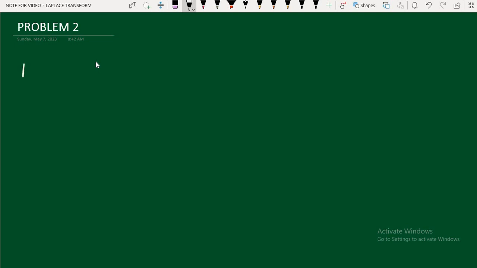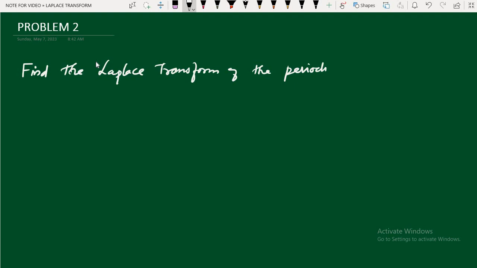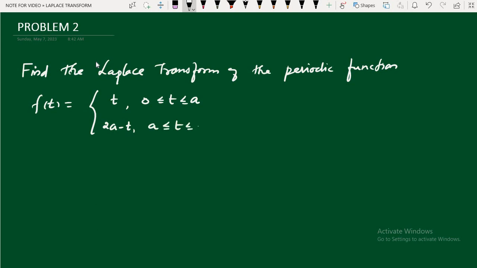So the question is, find the Laplace transform of the periodic function f of t equal to t in the interval 0 to a and 2a minus t in the interval a to 2a.